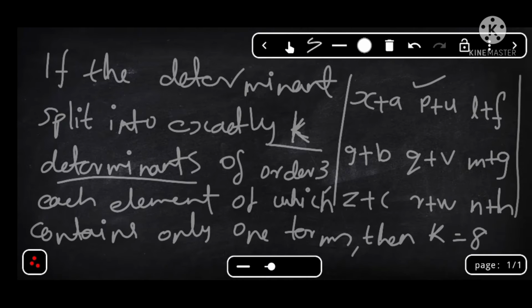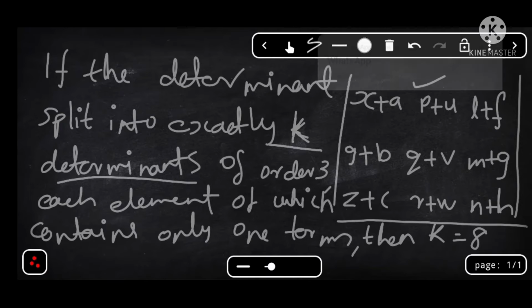So we have to prove that this given determinant we can split into 8 determinants of order 3, and each determinant contains single elements, like in each of the elements.